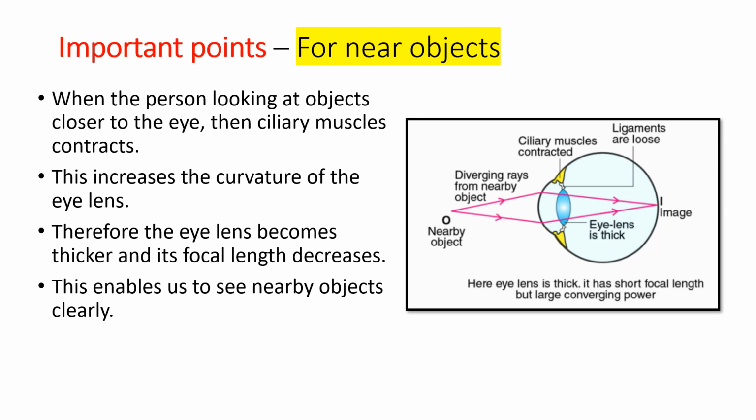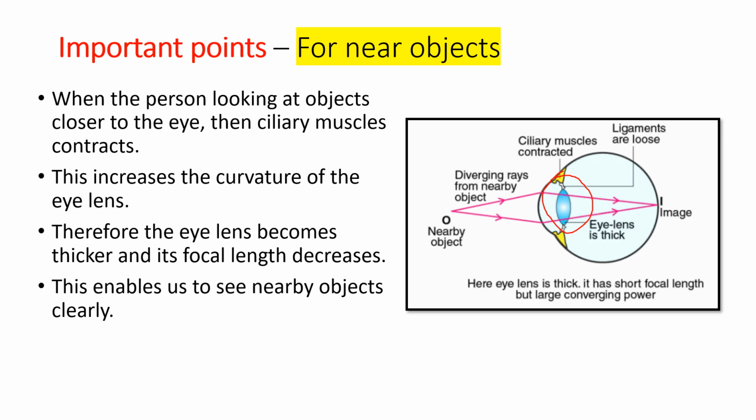And when the ciliary muscles contract, this increases the curvature of the eye lens. And once the curvature increases, what happens? The eye lens becomes thicker and its focal length decreases. This enables us to see nearby objects clearly.